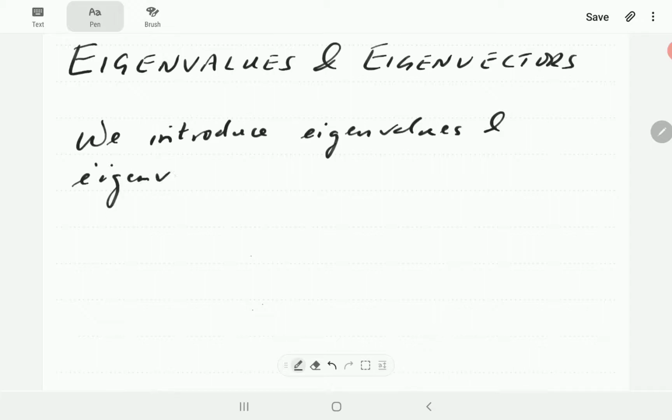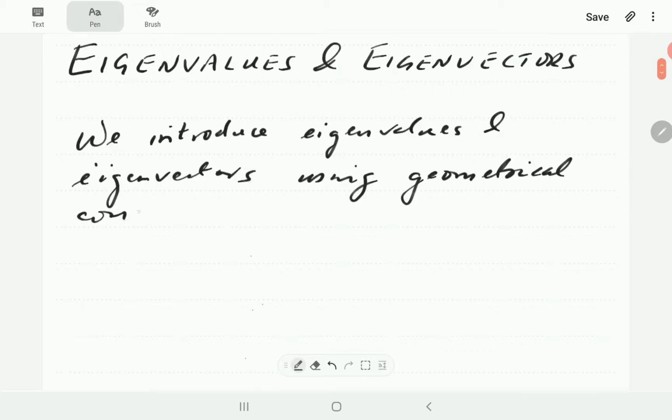So in fact, what we're going to do is recall that matrices can be considered as transformations in the xy plane.